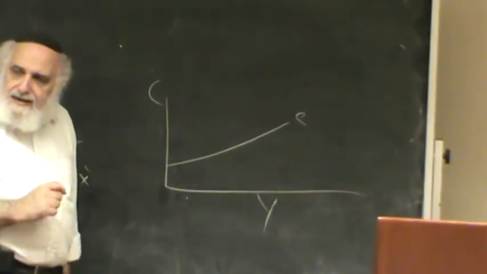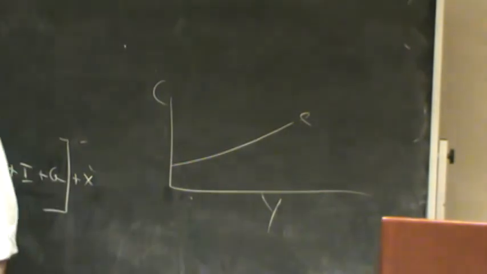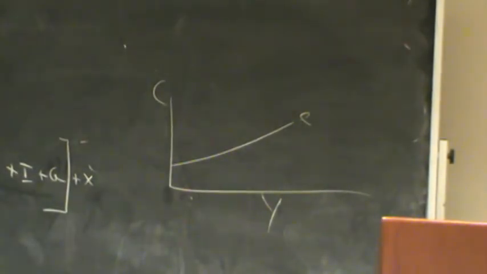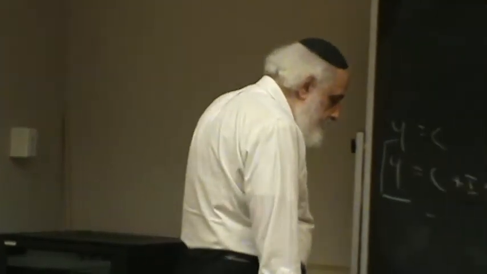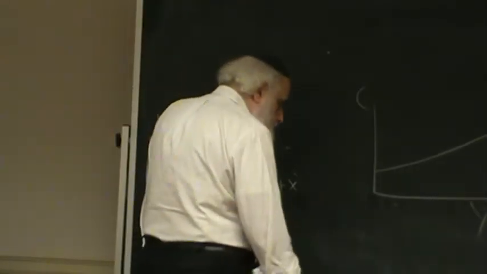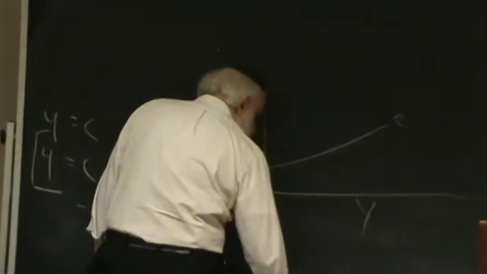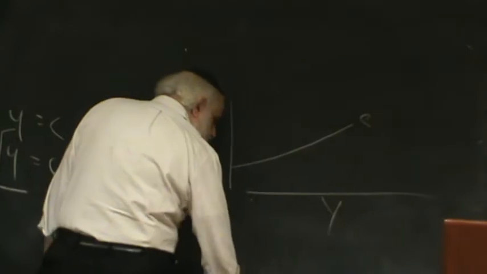Because this kind of a line, and you have to take my word for it, illustrates the fact that as income goes up, you're going to consume a smaller and smaller percentage. That's what this kind of line illustrates. So this is the consumption line.